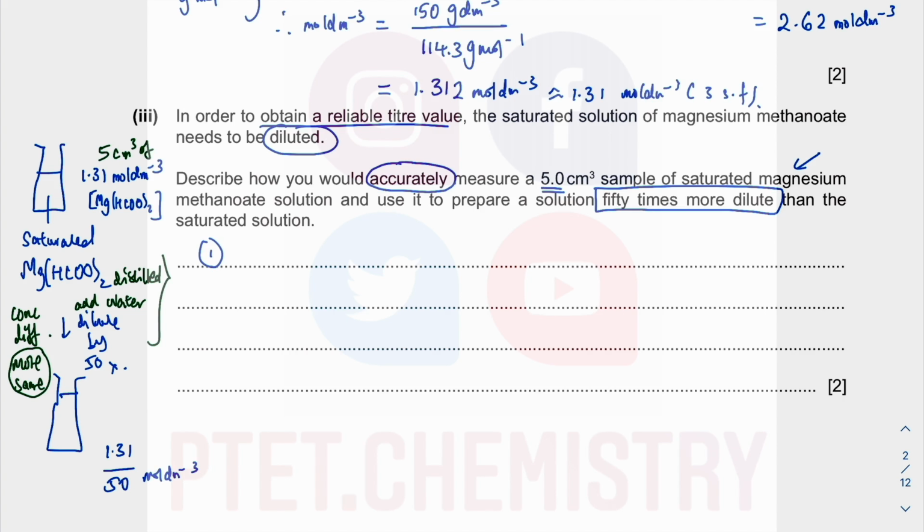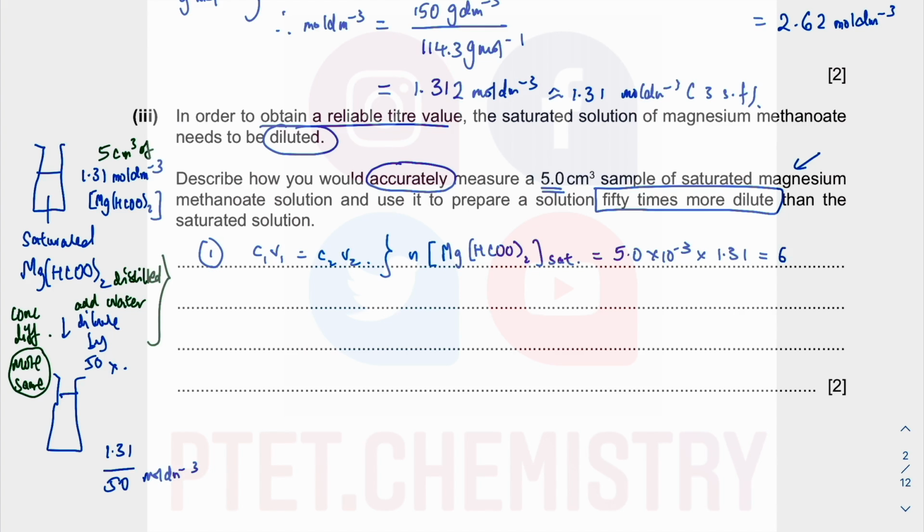Alright. So in terms of calculation, the mole is the same. So it's C1V1 equal to C2V2. So meaning to say, my mole of the Mg(HCOO)₂ saturated is equal to 5.0 times 10 to the minus 3 times 1.31 mole per dm³.